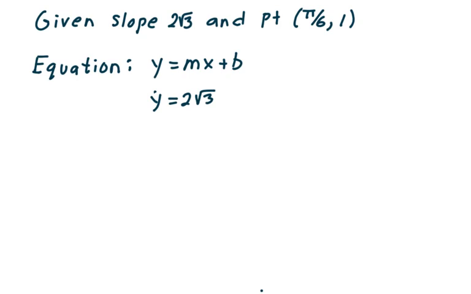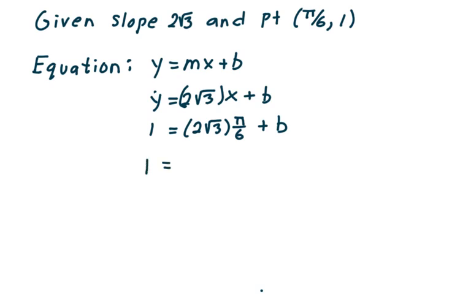So I'm going to take y equals 2 square root of 3 x plus b. Now, when x is pi over 6, I'm going to replace x with pi over 6, my corresponding y value is 1. And that's going to allow me to solve for b.